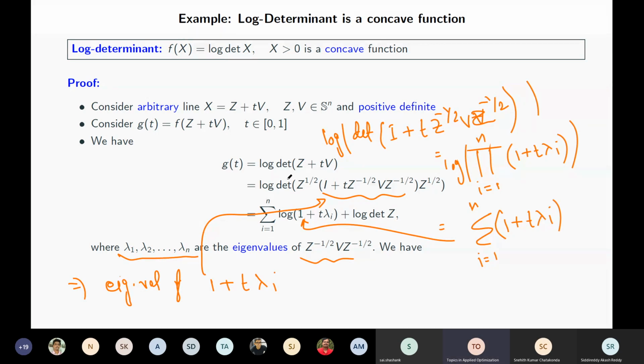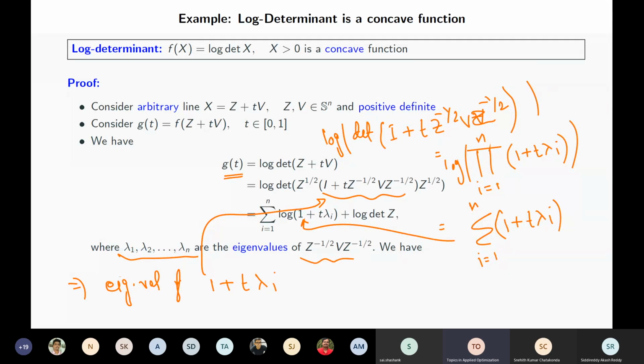Right. So what is the motivation here? The motivation here is to reduce these complicated expressions into some simple sum of some single variable function. So you can see this as a simple function with parameter t. It's a sum over n terms like that. So it will be easier to check convexity of g of t.